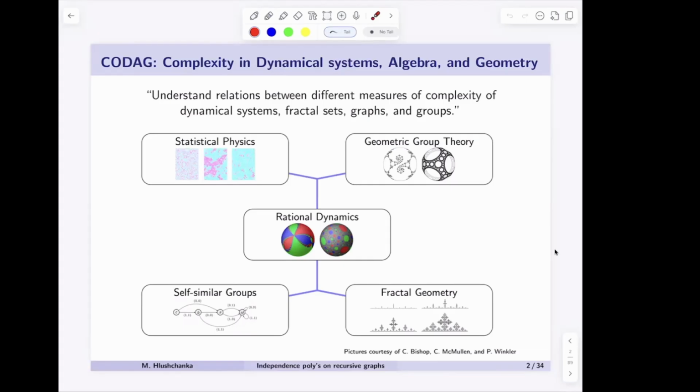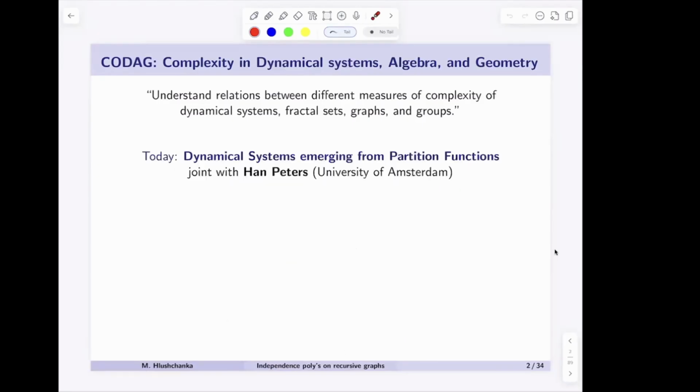Today in my talk, there will not really be much quasi stuff, but this is the latest thing that I've been working on, and I decided to advertise a connection between rational dynamics and statistical physics.